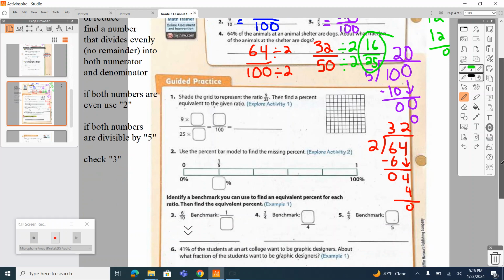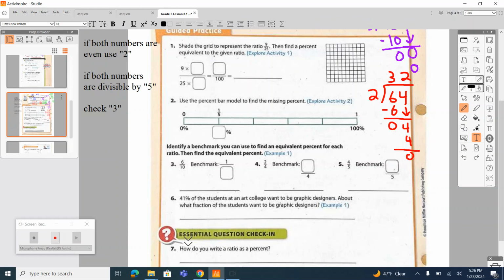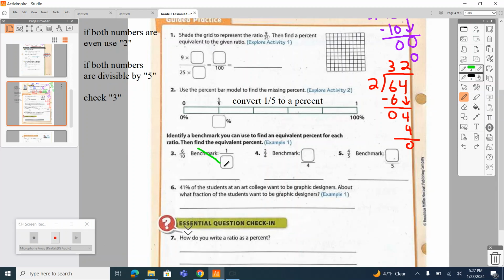Okay, and really what I would like you to do is actually do something a little bit different. So let's change some of these. I want you to convert, for this one, 1/5 to a percent. I don't want you to do the benchmark. I want you to convert 6/10 to some number over 100.